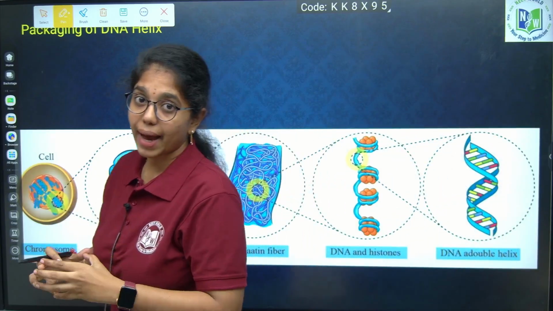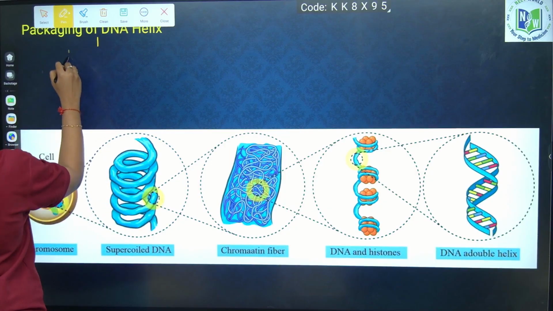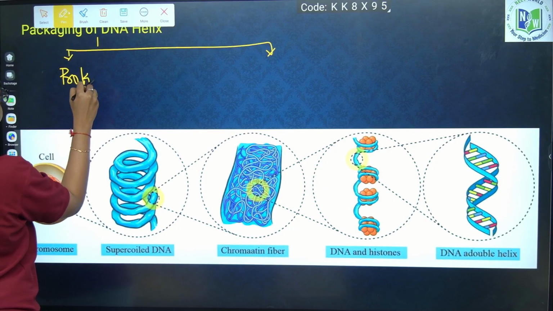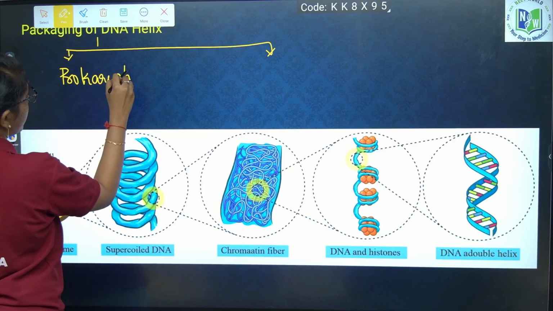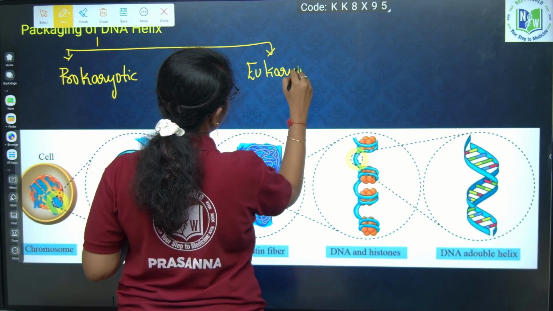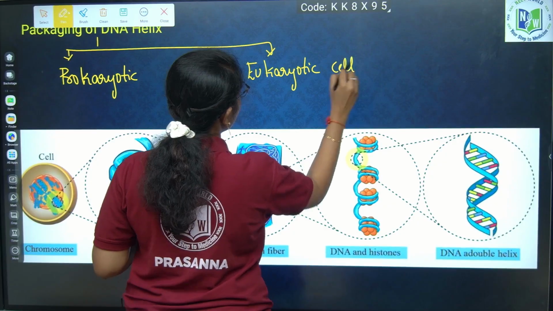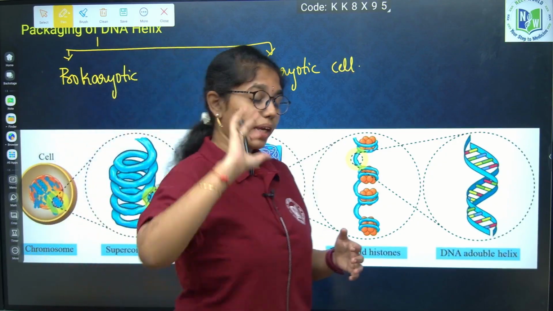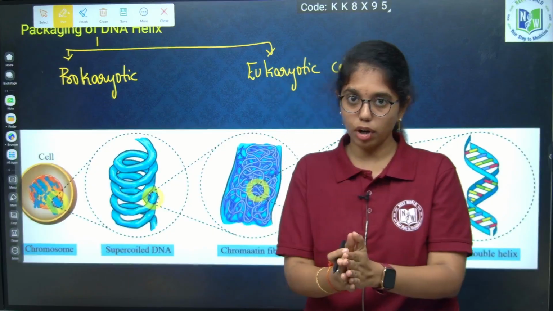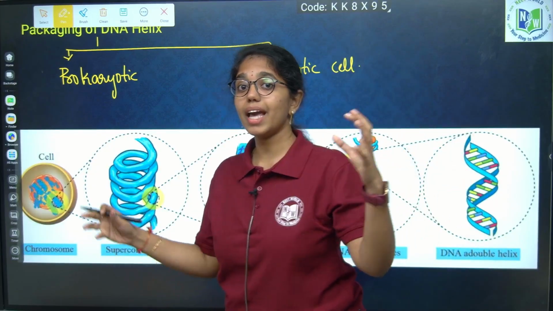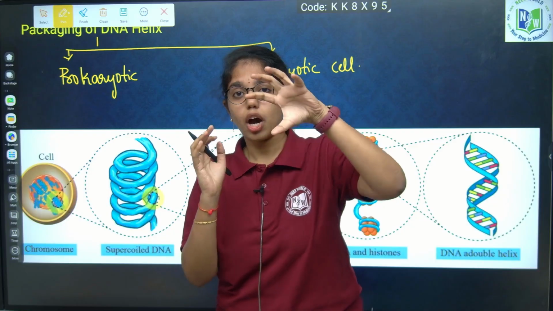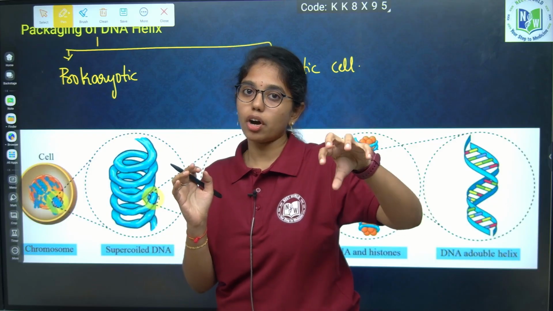How does DNA packaging happen in both prokaryotic and eukaryotic cells? In a prokaryotic cell, as we discussed in the beginning, DNA is snaked at one position in the nucleoid form, where negatively charged DNA is attached by positively charged polyamides, and this coils or condenses the DNA at one position, which you call the nucleoid.